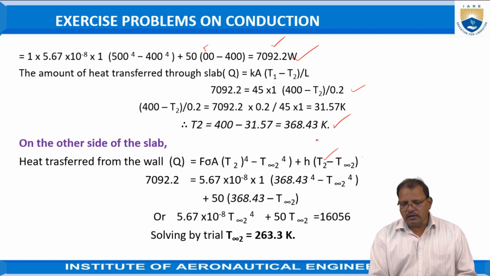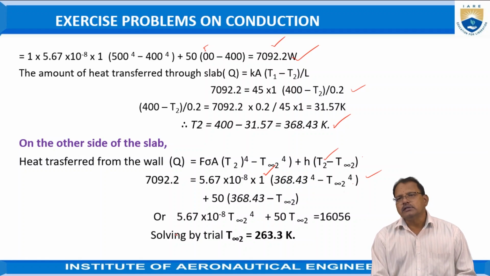T2 we already determined as 368.43, and substituting the values in these equations, because Q is already given as 7092, F is equal to 1, sigma is 5.67 into 10 to the power of minus 8. The cross-sectional area we are also assuming to be 1. So T2 is 368.43 to the power of 4 minus T alpha 2 to the power of 4.